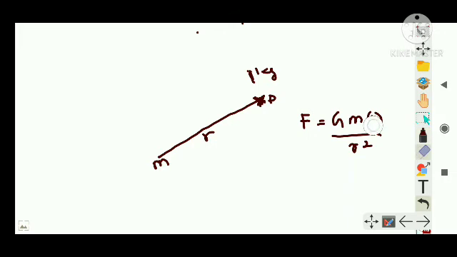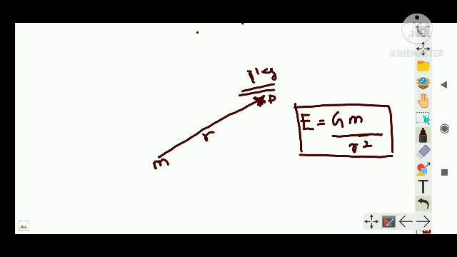That is, I can remove this one, right? So this is G m by r square. So this is the expression for E, right? So what is E? E is the force experienced by a unit mass, right, due to a mass m, right? Force experienced by a unit mass, right, in the presence of another mass m, then that is the gravitational field of m, right? Clear? Right? Clear? So what is gravitational force or gravitational field?